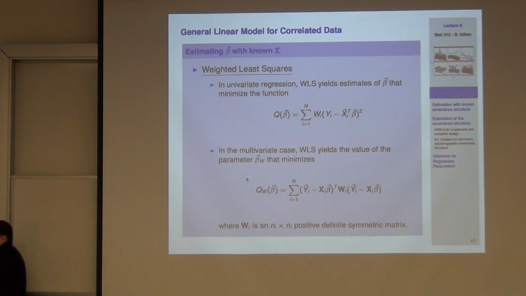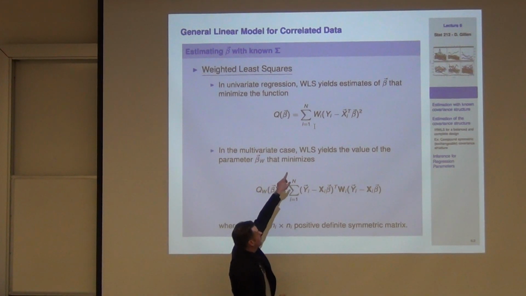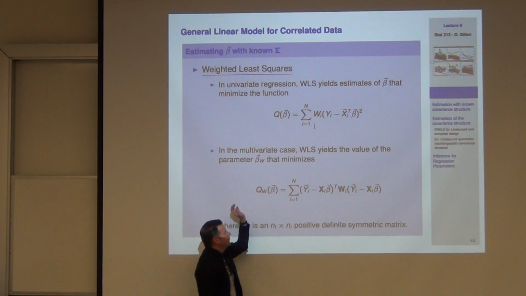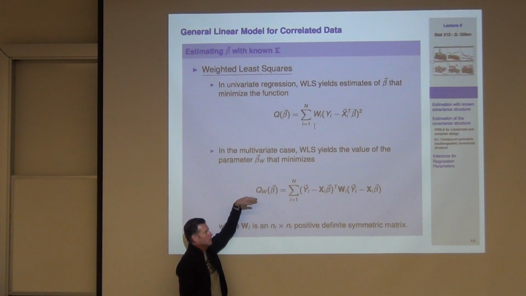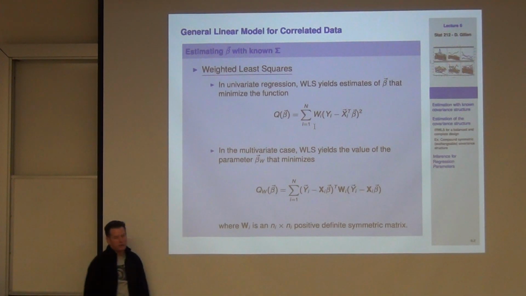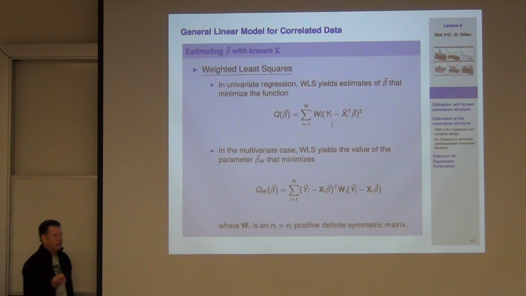Okay. And the estimating equation in that terminology comes from the fact that you're just starting to think about, I've got this Q up here that I'm going to derive an estimating equation from. In our case, the weighted least squares estimating equation is going to start with this guy.